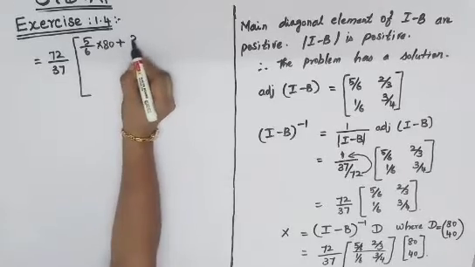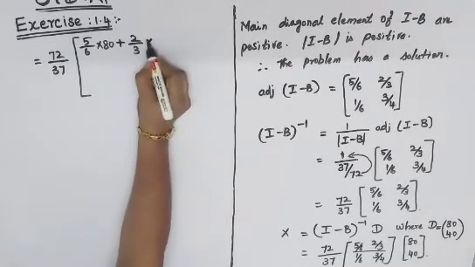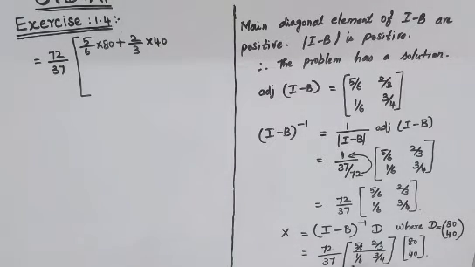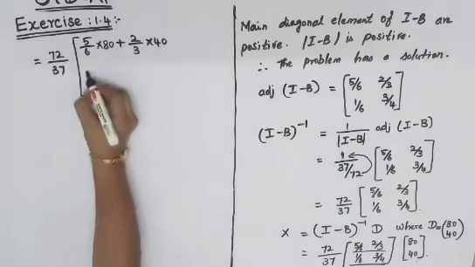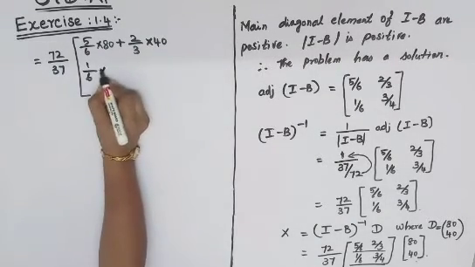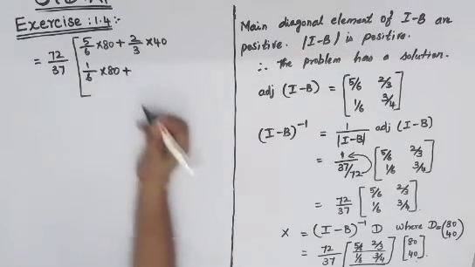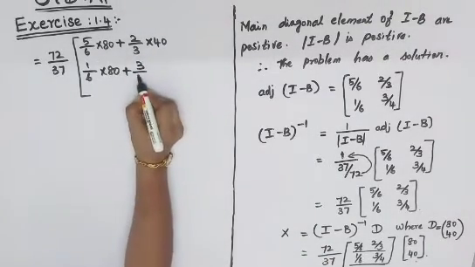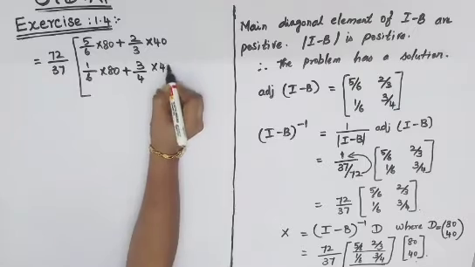So plus 2 by 3 into 40. Next is second row with the same column, 1 by 6 into 80 plus 3 by 4 into 40. So 3 by 4 into 40.